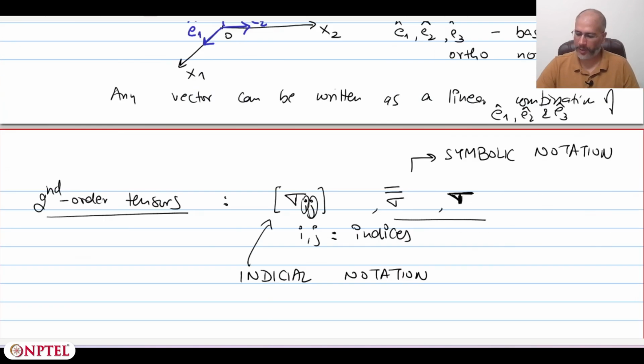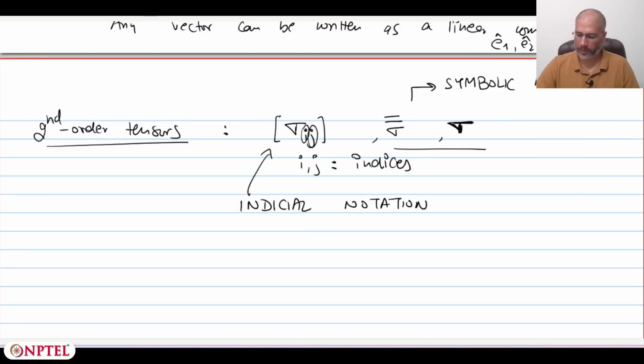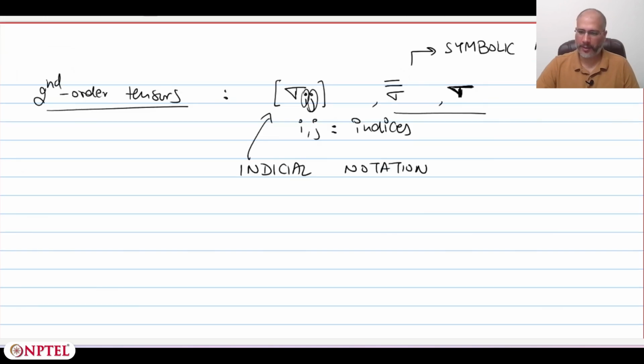But don't take that rule strictly, because we'll soon see that the rule cannot be generalized, and it depends on the kind of index that we're dealing with. So at this stage, you can take it as a fact that the number of indices is equal to the order of the tensor. But we'll strictly specify that rule in the next lecture.